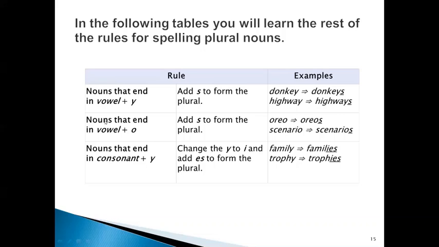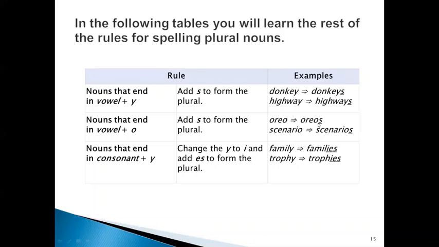The second rule is for nouns that end in vowel plus o. Here the rule says add s to form the plural. Think of Oreo, Oreos.